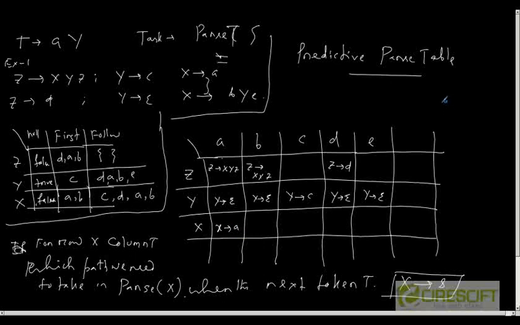You have X of the form B, Y, E. So if you get B, what will be first of B, Y, E? First of B, Y, E will be B, and hence you apply X as B, Y, E. Understood?